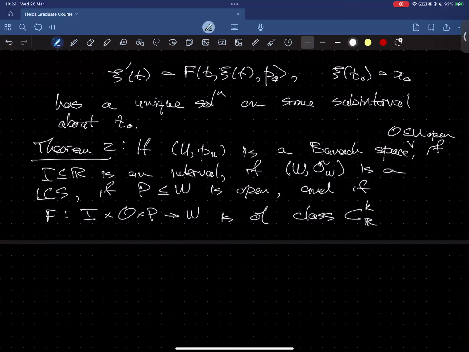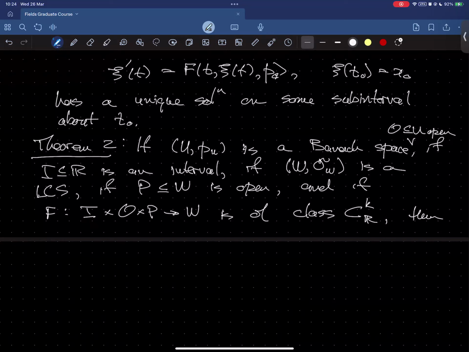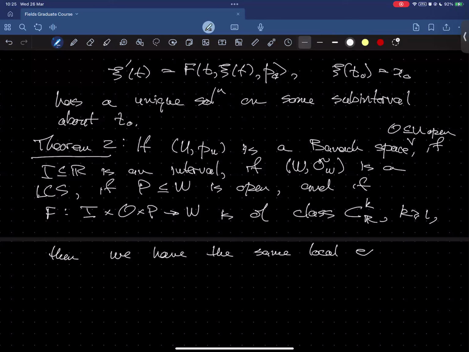You can talk about differential equations where the time parameter is complex and it's interesting to talk about that, but we won't do that here. Then, okay, so this should be k greater than or equal to 1. Then we have the same local existence and uniqueness conclusion as in theorem 1.